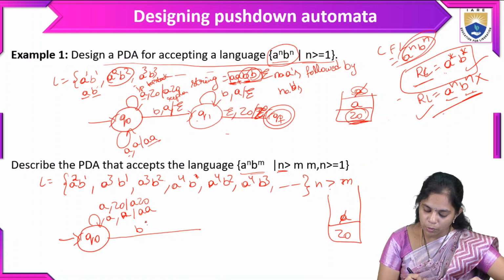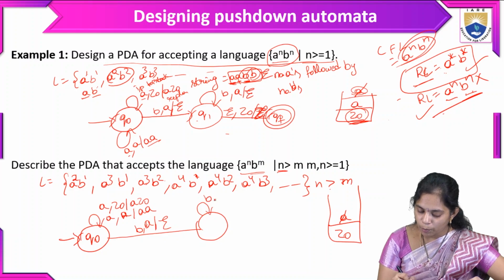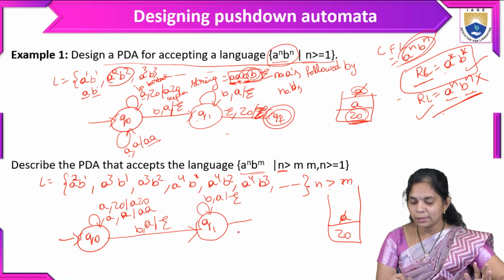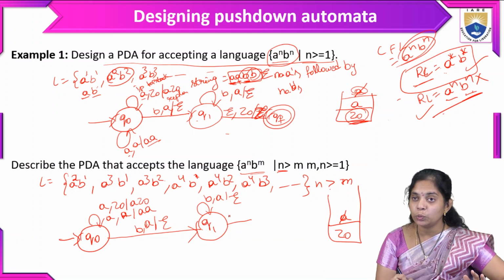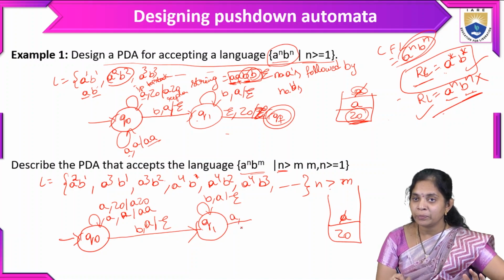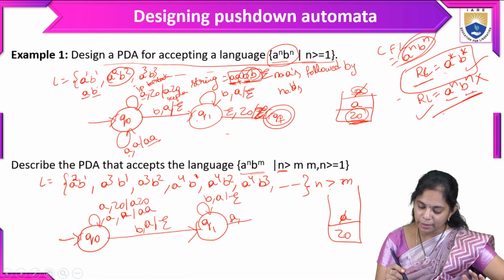However many B's are there, we need to pop that many A's. And also when we reach this state, after popping all the A's, again from the Q1 state we have the value A and epsilon after reading all the values.